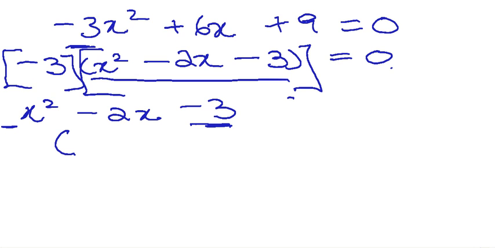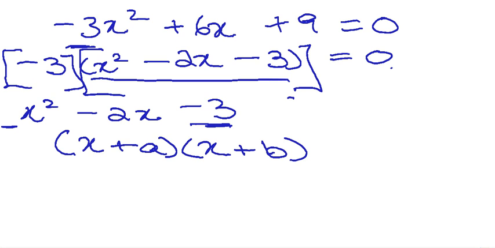You want x plus or minus some number a multiplied by x plus or minus some number b, so that when you multiply a times b, it should equal negative 3, and when you add a plus b, it should equal negative 2.